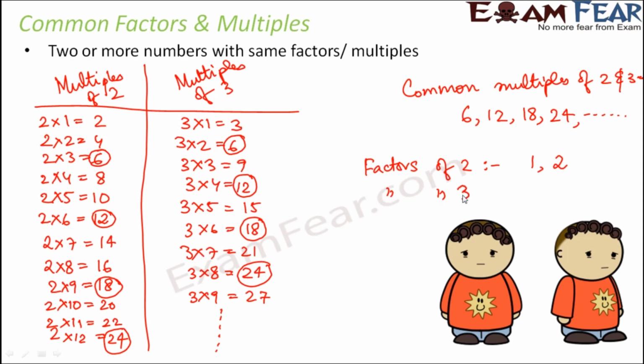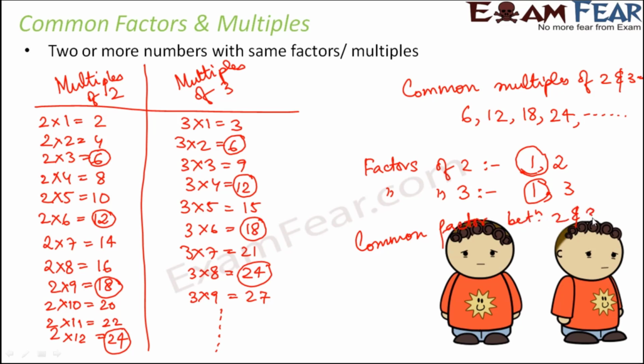Similarly, factors of 3 would be 1 and 3. So do you have any common factor? Yes, of course. 1 is a common factor. So 1 is a factor of 2 and 1 is also a factor of 3. So therefore, we would say that the common factor between 2 and 3 is 1. So they have just one common factor.